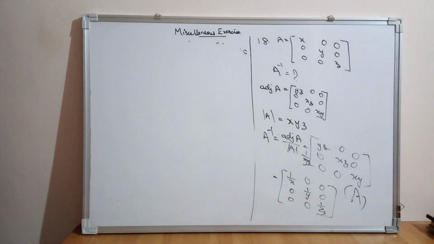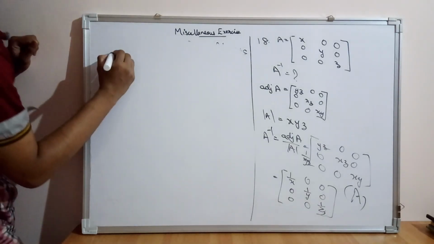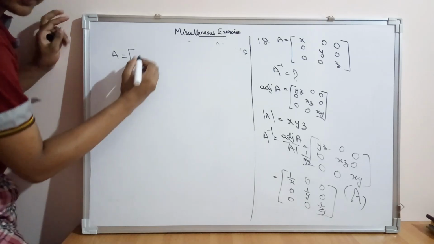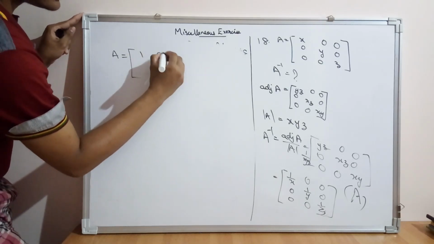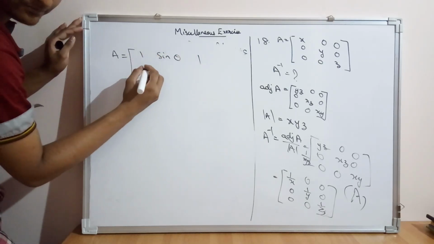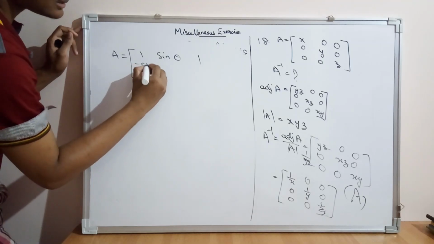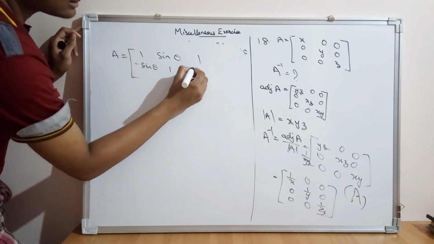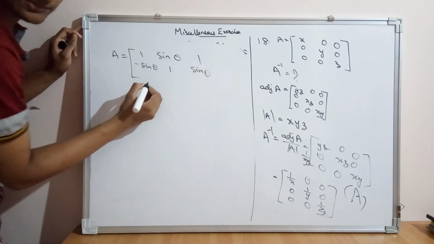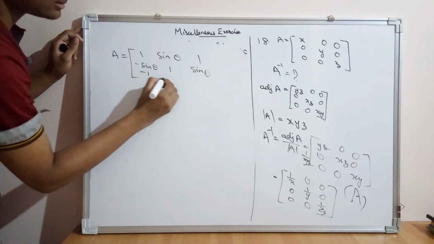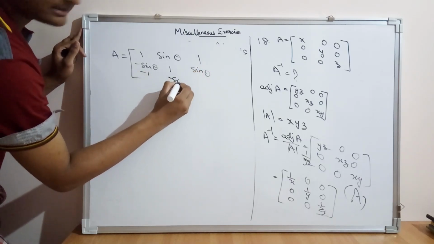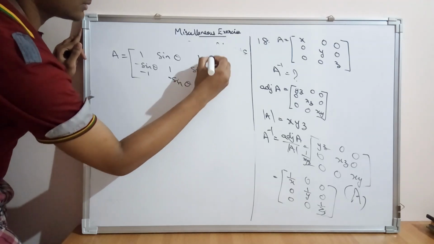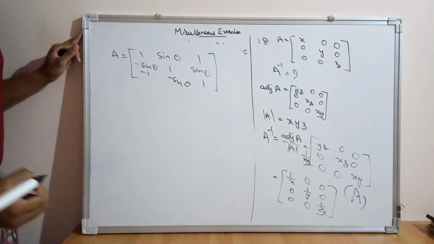Next, we have our 19th question. Let me write the given matrix. That is 1 sin theta 1, then minus sin theta 1 sin theta, then minus 1 minus sin theta and 1.